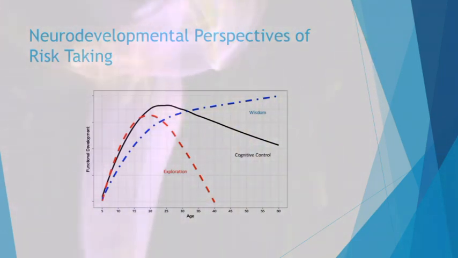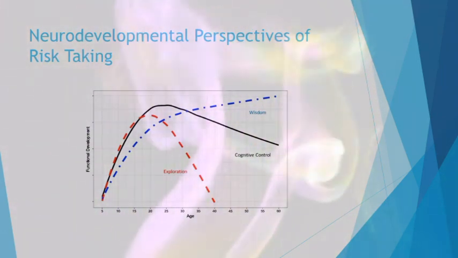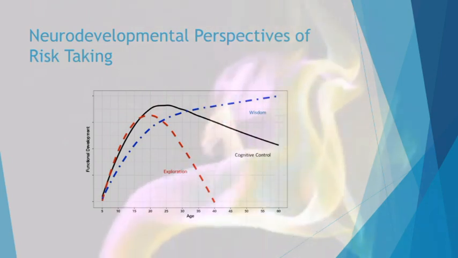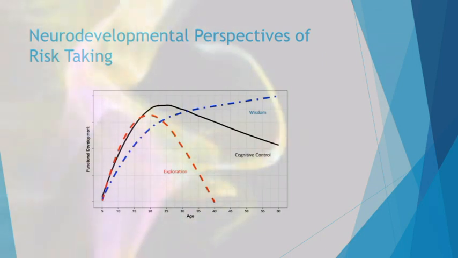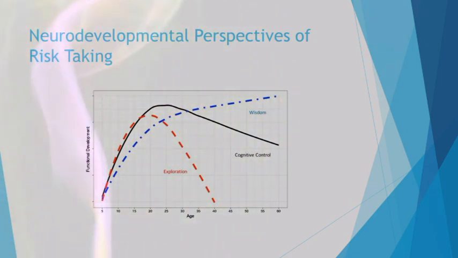And so experiences during adolescence, things like trauma, or substance use, or chronic stress, can shape brain development that has a lasting effect on cognitive and emotional functioning.